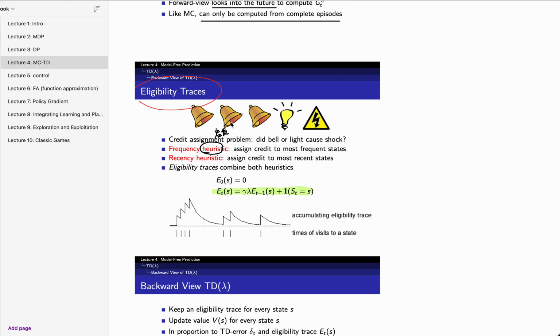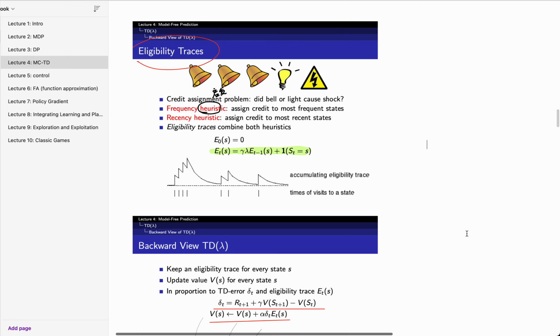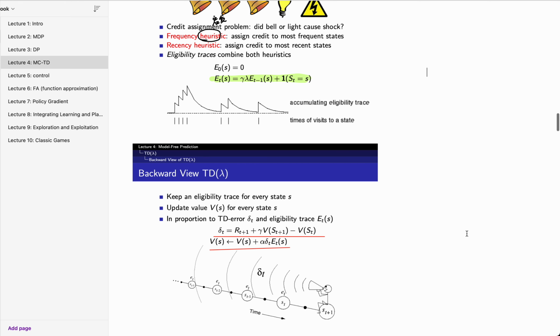So if I visit more, I will keep adding more. But if I'm not visiting state S anymore, it will slowly decay. That's what is called eligibility traces.